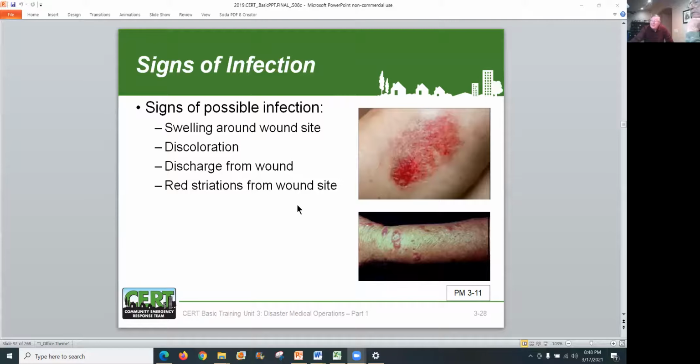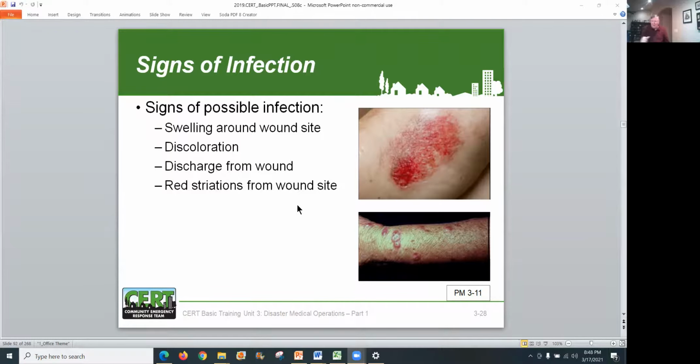Signs of infection. I've not always had the most sterile bandage with me. I would stop the bleeding with anything I could and worry about infection later. Infection starts right away, but you have something that can be given within a day that would take care of the infection if you could not get a perfectly sterile dressing, such as a clean bed sheet, or a shirt or sock or something like that.